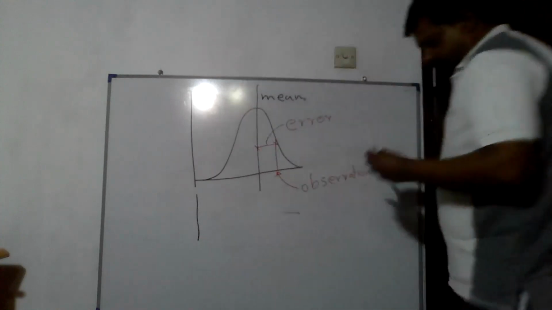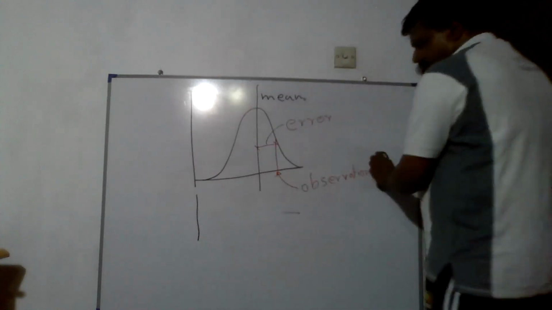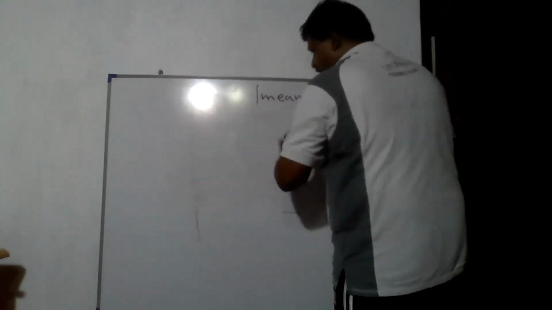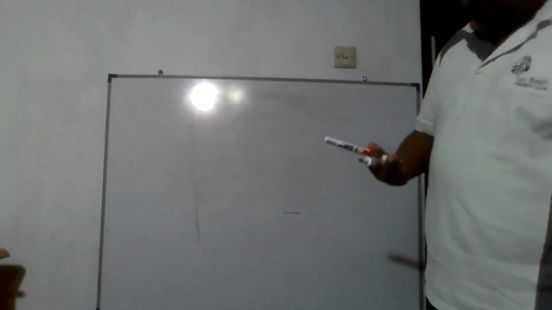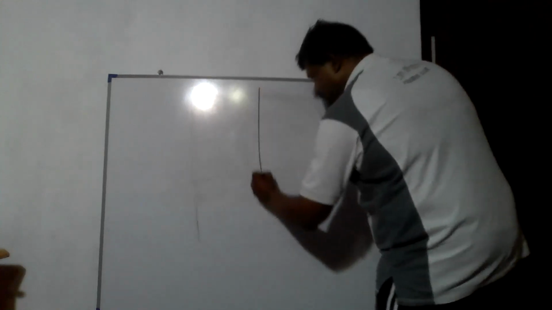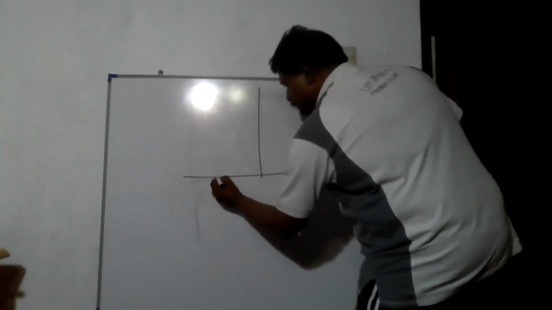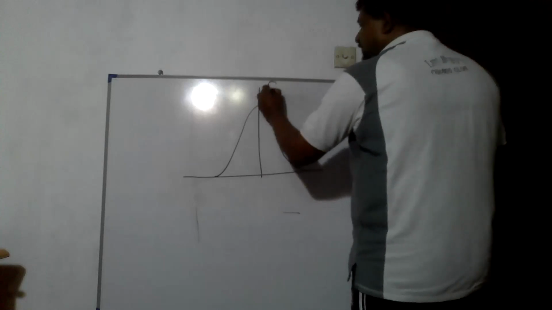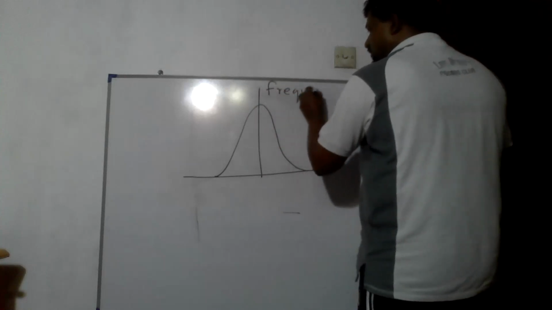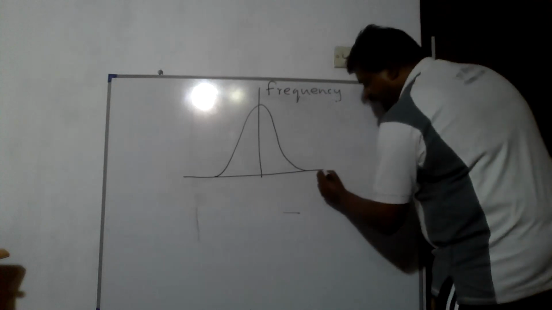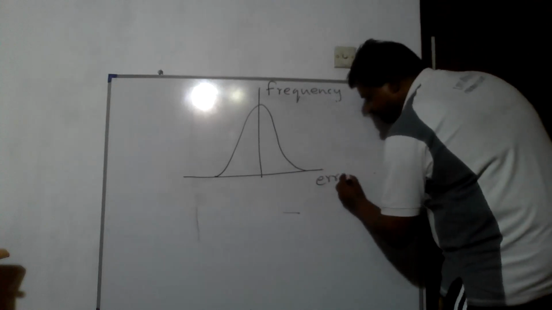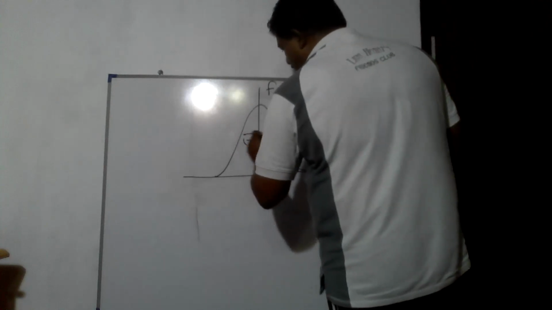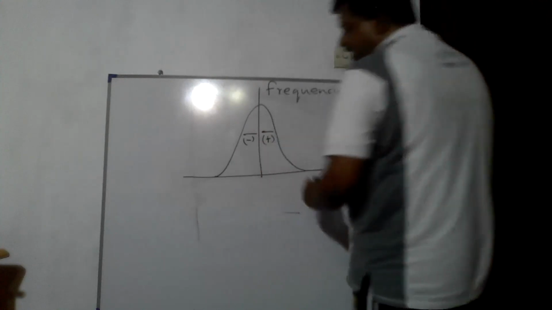Something like this. So this is the frequency, and here is the error. Now it can have positive errors or negative errors. Why?